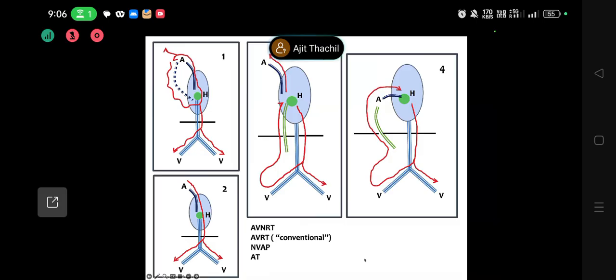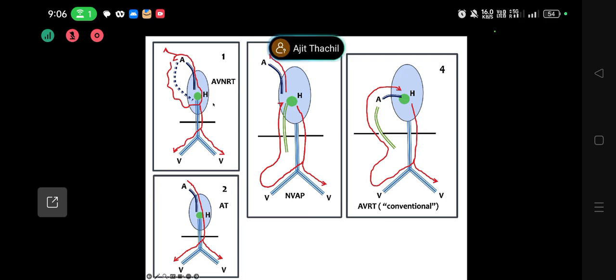When you have tachycardias with 1:1 AV relationship with a normal HV interval, these are the 4 that we would have to consider. Okay, so the 4 circuits are, I will go through them one by one. So the first circuit that we need to know clearly is what we called AV nodal reentry. So this is circuit number 1.